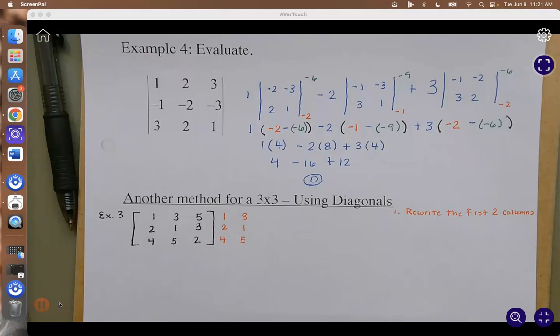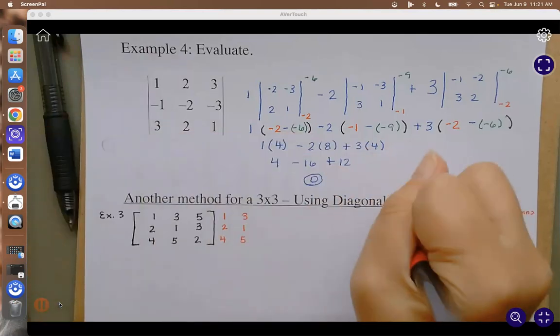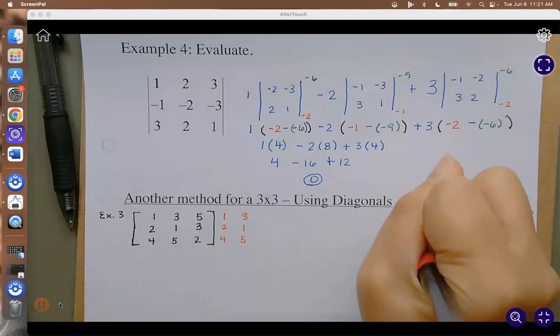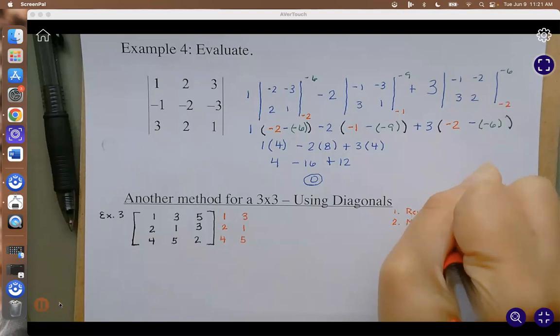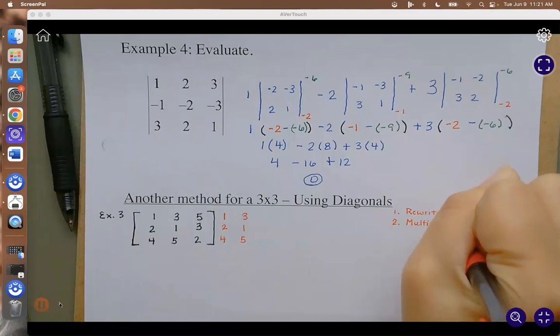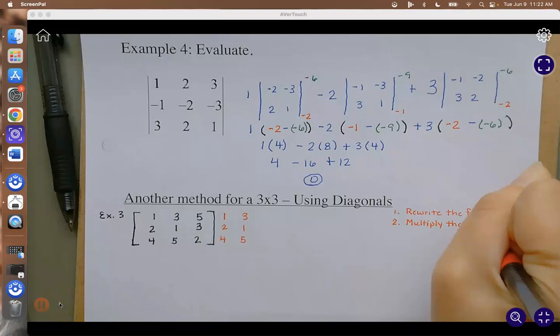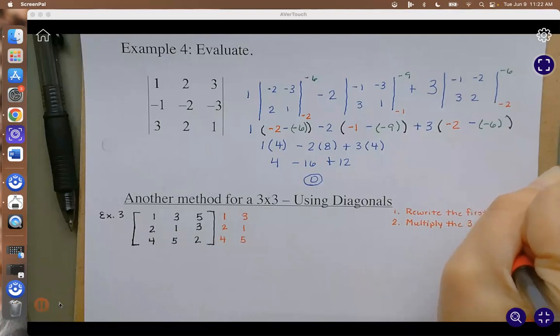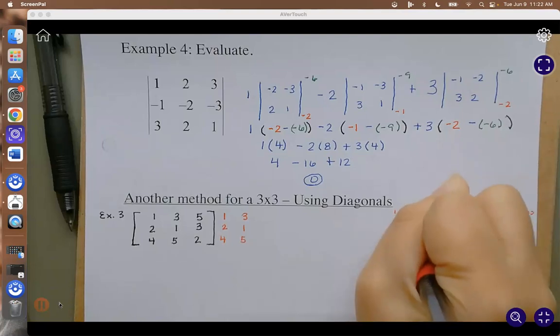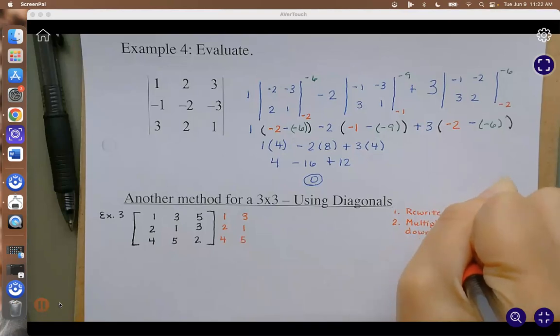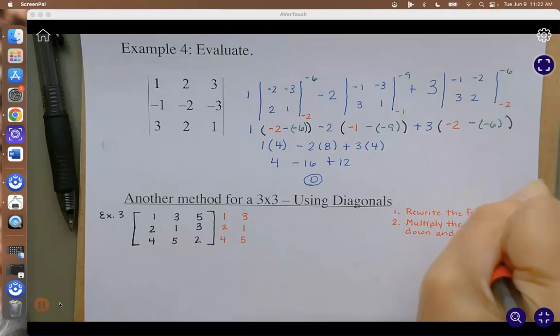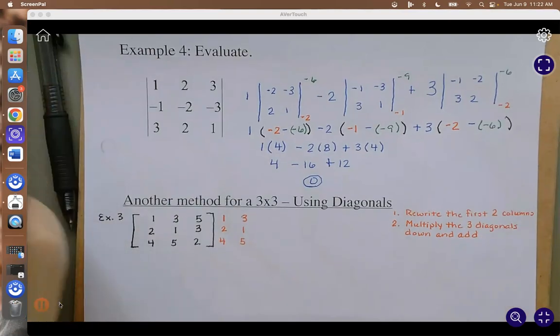Now, step 2, multiply the 3 diagonals down and add. Okay, so I'm going to actually use my pencil for this.